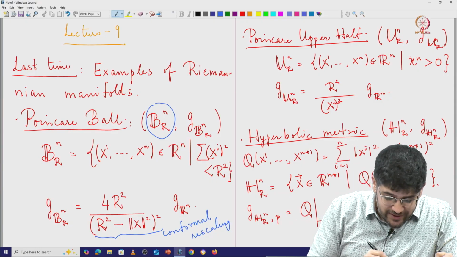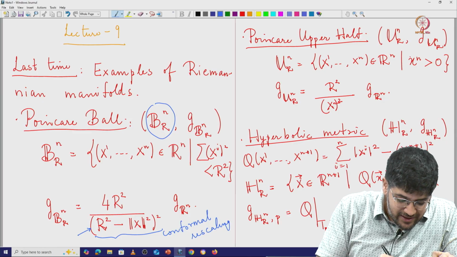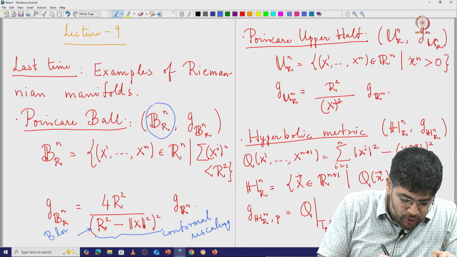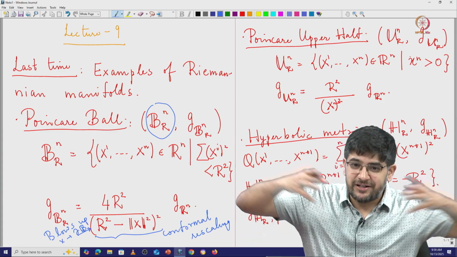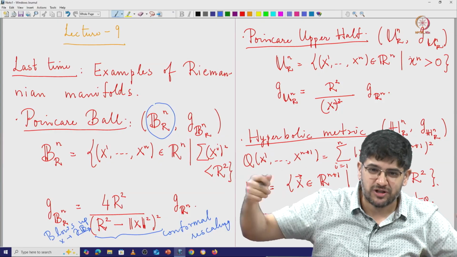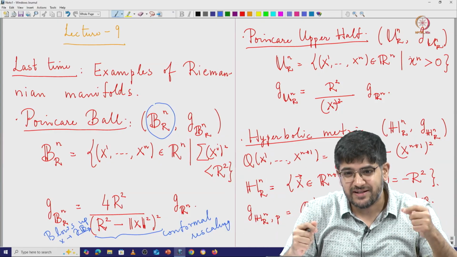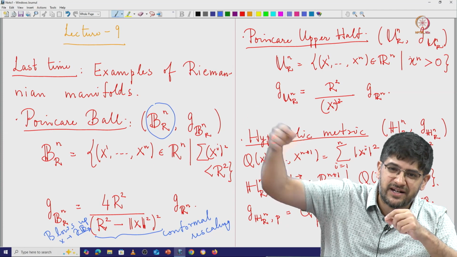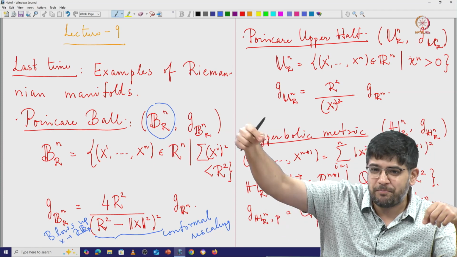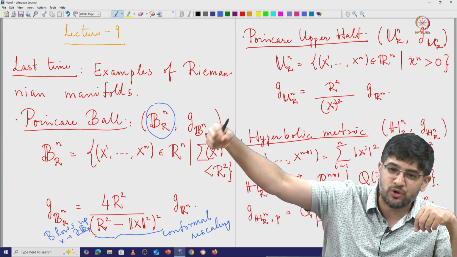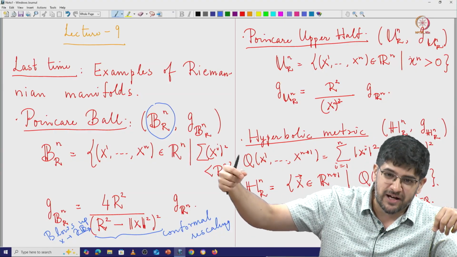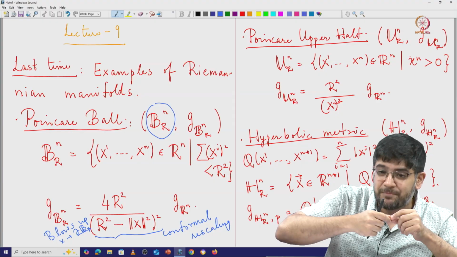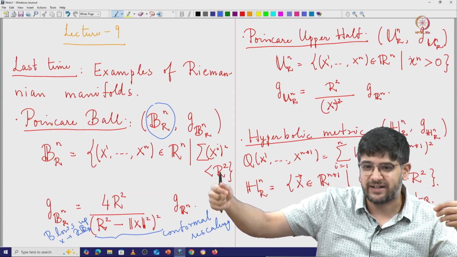Okay, and one thing to notice is that if you look at the denominator, that blows up as x approaches the boundary. Okay, so the metric becomes really large as you approach the boundary, and one effect of this is that if you take curves that are just straight line paths passing through the origin that approach the boundary, in this new Riemannian metric the lengths of those paths become really long, so that it's impossible to reach the boundary in finite time.